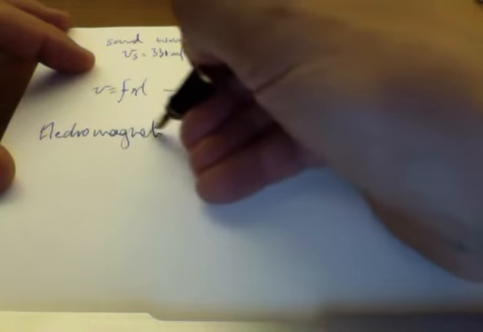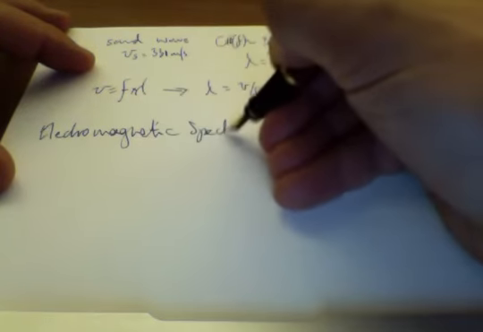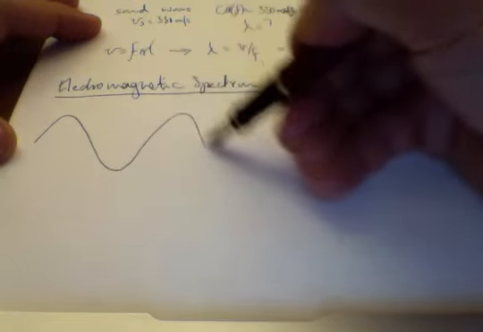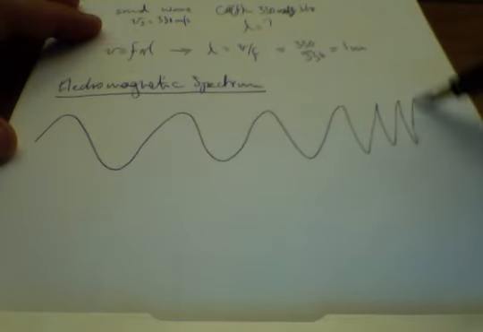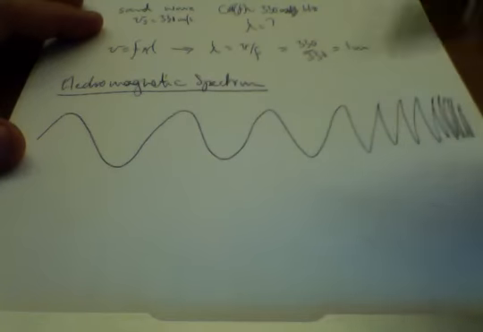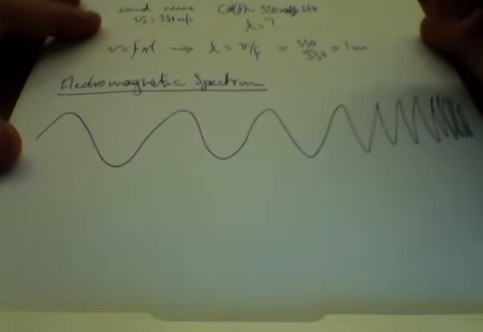Okay, and now the very last bit we dealt with was the electromagnetic spectrum, a really important part of physics. And in essence, what it is, it's a vibration, and this vibration occurs in the electric and the magnetic fields.